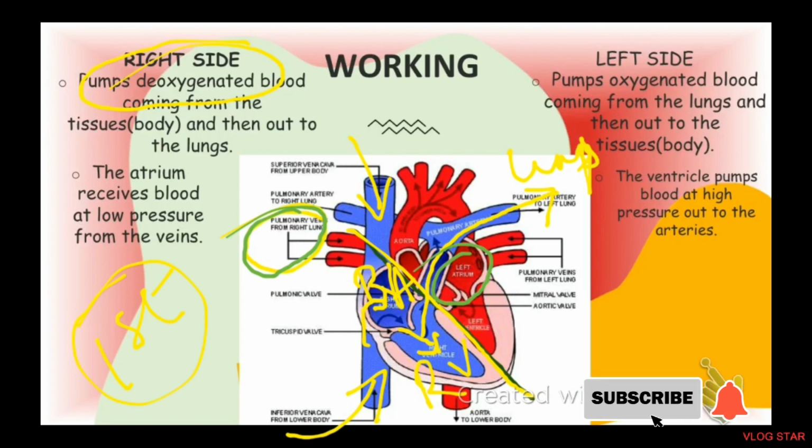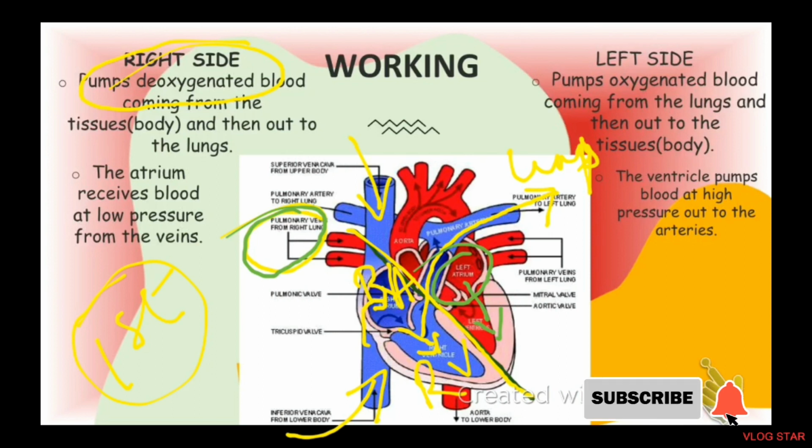The left atrium collects the oxygenated blood and gives it to the left ventricle. Again, there is a valve present over here which is going to prevent any backflow of the blood.